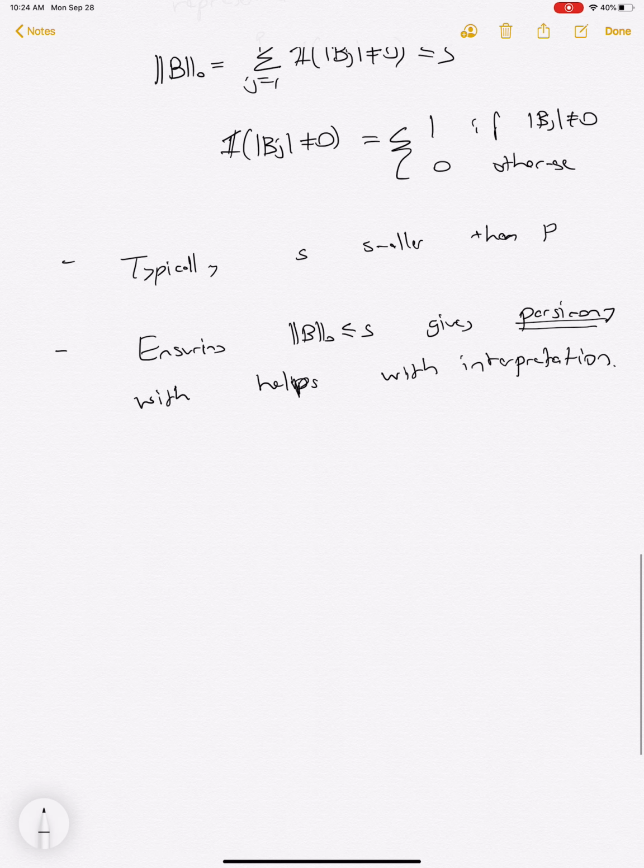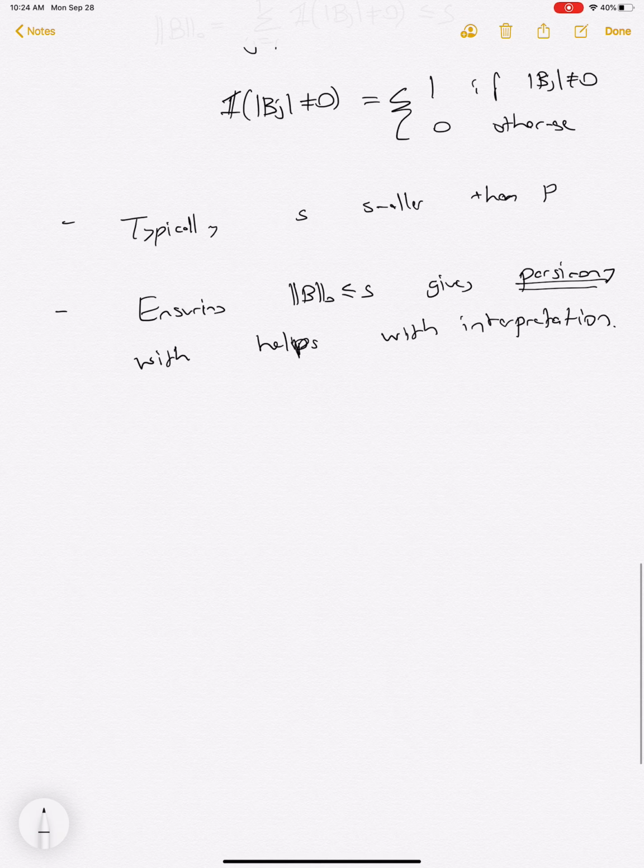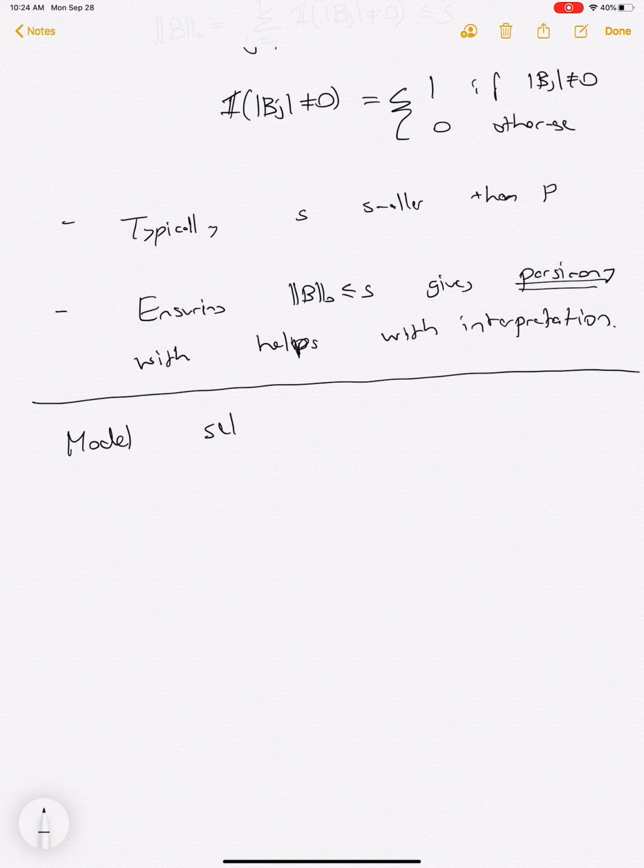The other thing I wanted to mention, for those of you who've taken previous statistics courses, you may also be familiar with this notion of model selection. And the reason I bring it up is that these kinds of structural assumptions, B0 and B1, are very related to model selection.